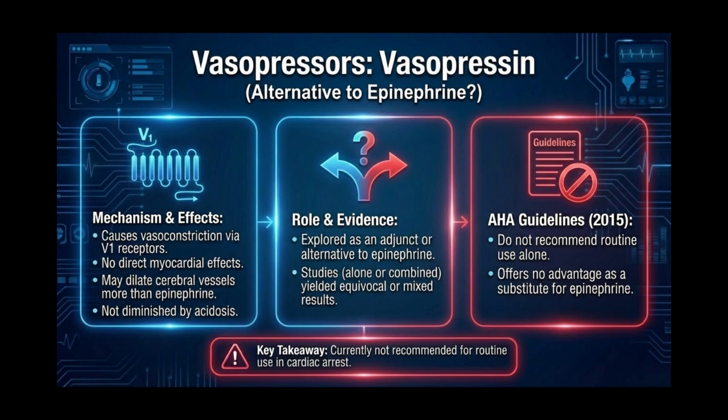Unlike epinephrine, it does not exert direct effects on the heart muscle. Additionally, vasopressin may dilate cerebral blood vessels more effectively than epinephrine and remains effective even in the presence of acidosis. However, studies comparing the use of vasopressin alone or in combination with epinephrine to the use of epinephrine alone have produced mixed or inconclusive results.